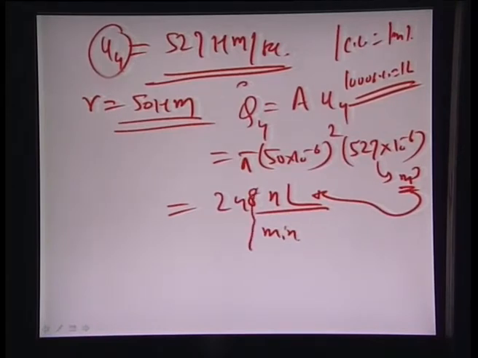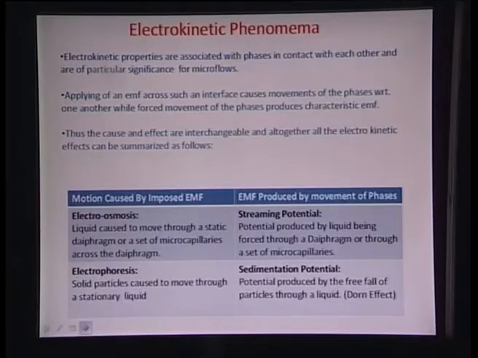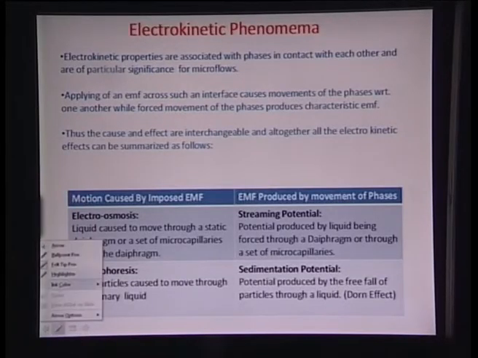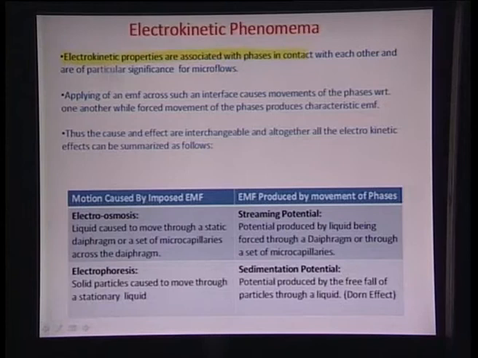So, you again find that this volume flow rate of a couple of nanoliters per minute is a very small quantity, as is characteristic of these alternate mechanisms of microchannel flows. So, in a nutshell, electrokinetic properties are associated with the phases in contact with each other and are of particular significance for microflows.